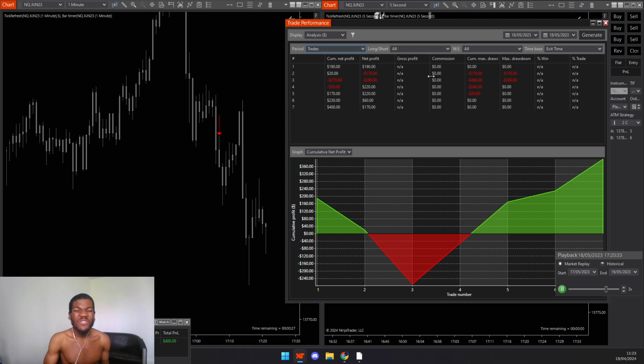Now, that's the very basics of structure. When it comes to narrative or the flow, I teach that in my group. I teach in my group how to anticipate price movement. So I take structure to an advanced level.